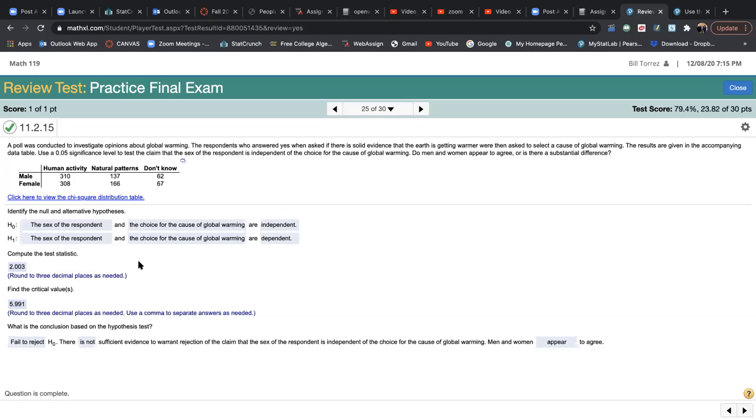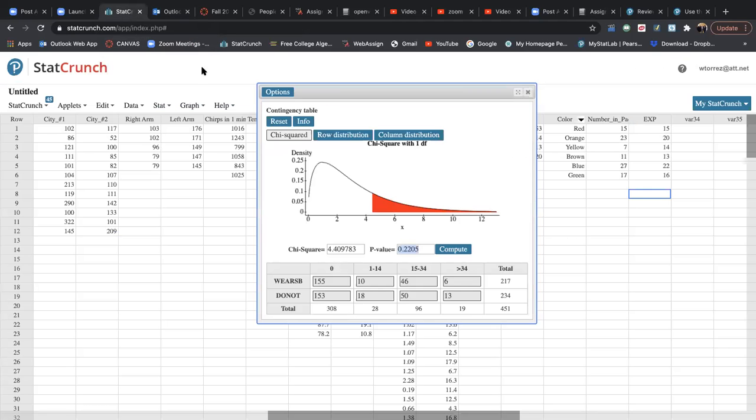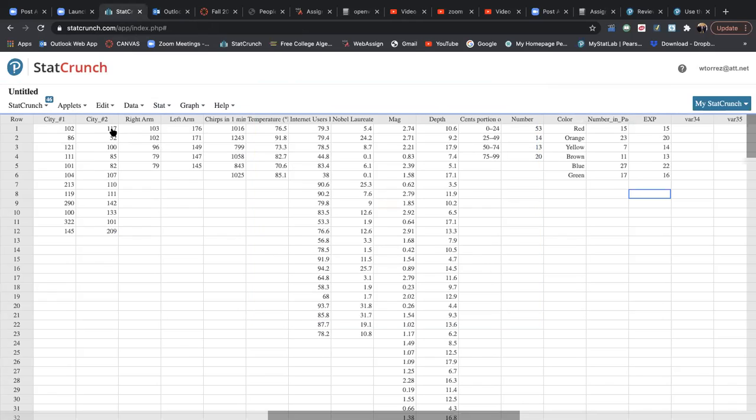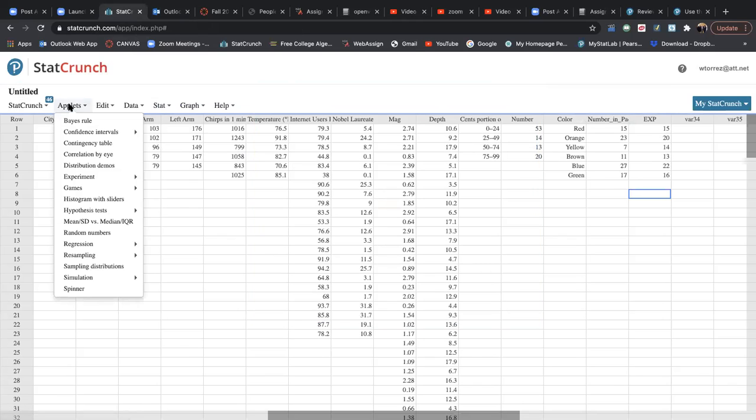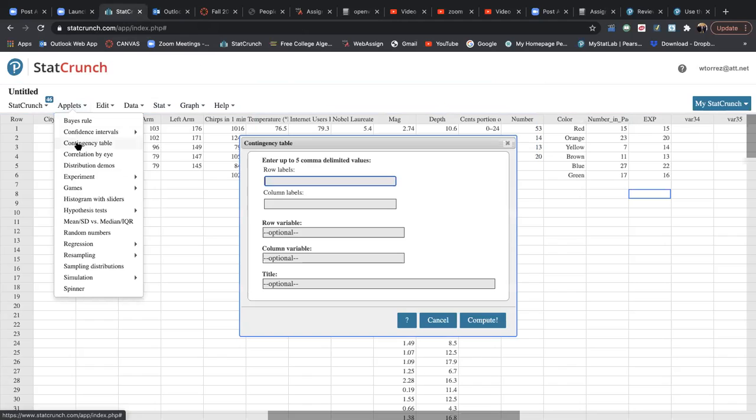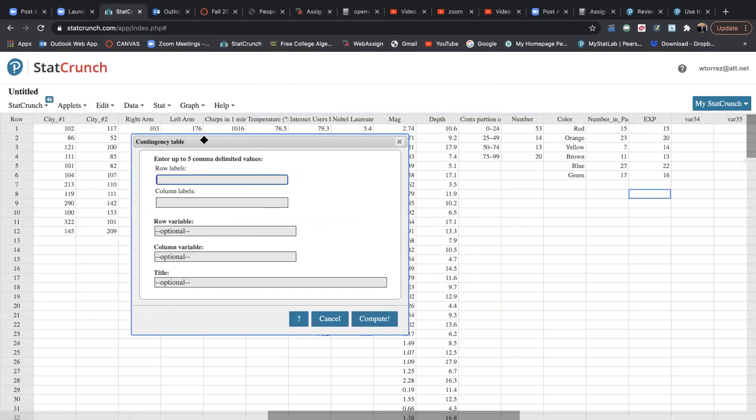Okay, so let's go into StatCrunch, set up our contingency table for the test of independence. Okay, let's go ahead and hide that result. So under applets, we choose contingency table as usual, and then we'll select our row labels, male, female.